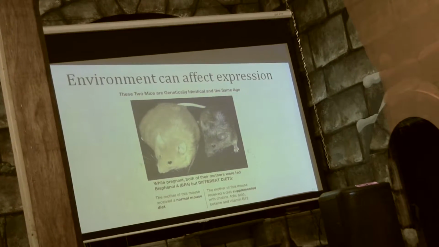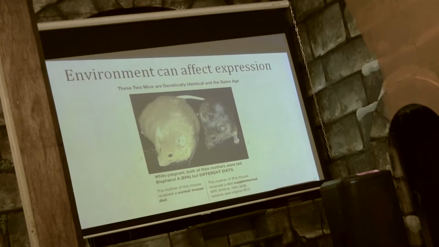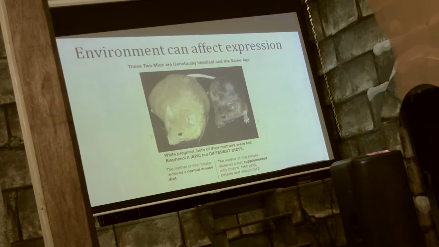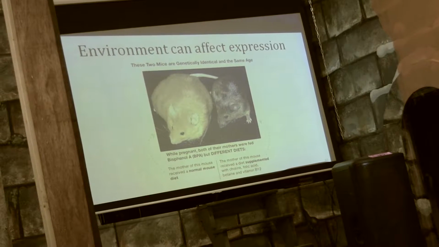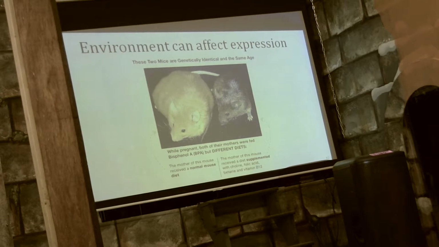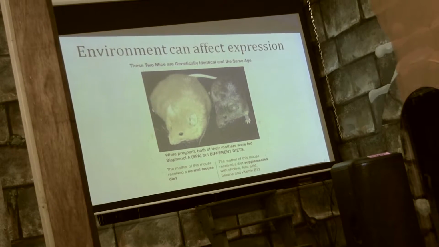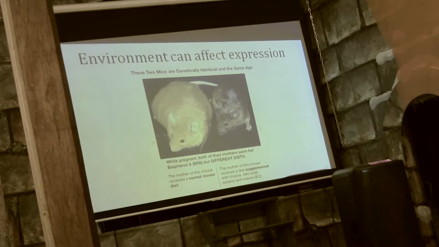Nalgene bottles. Huh? Bisphenol A, that was in Nalgene bottles. Yeah. So these rats, first off, this is wrong. These two mice are not genetically identical because no one's genetically identical, but they're pretty close. But yeah, they were able to do experiments like this.